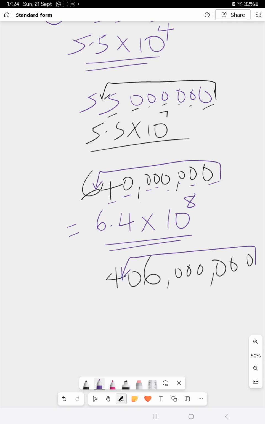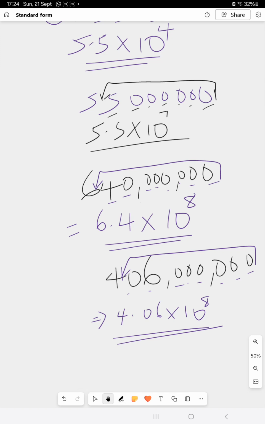And now it has become very easy for you. So it will be 4.06 times 10 raised to 1, 2, 3, 4, 5, 6, 7, 8. Power 8. And now you have written these numbers in standard form.